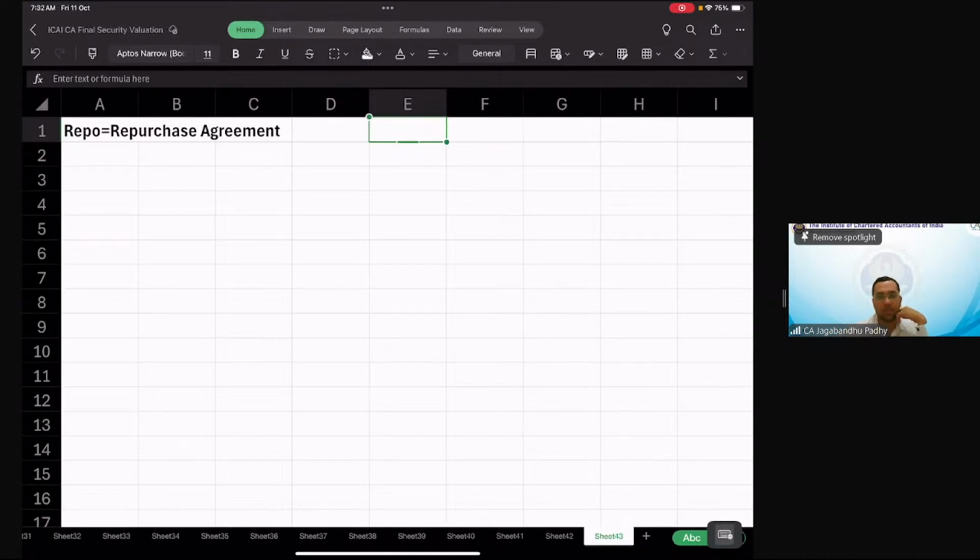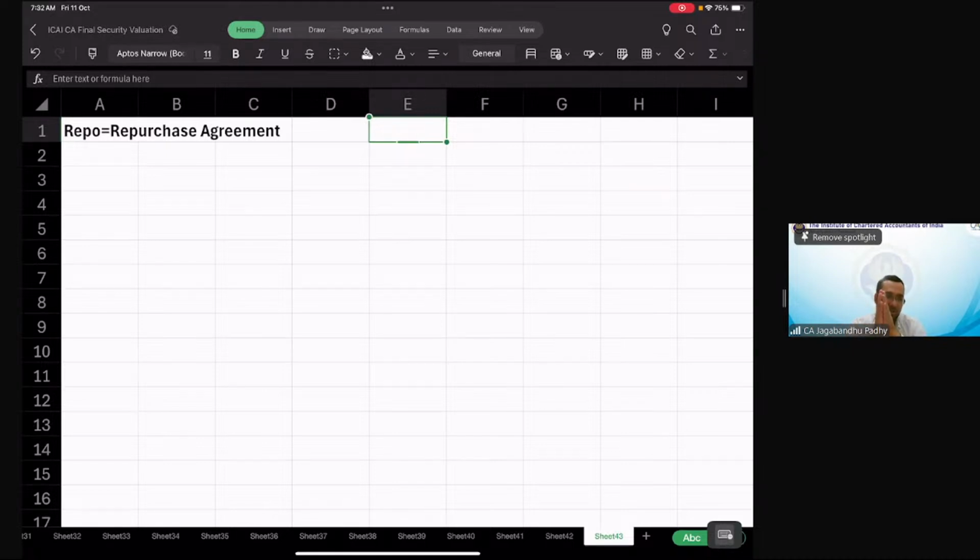So no change in repo rates. That was the stand taken by the Monetary Policy Committee of RBI. And what is the RBI repo rate right now? 6.5%, yes.